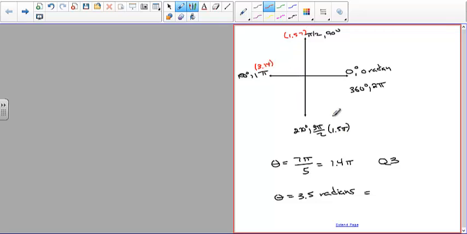Then 1.5 times pi gives you 4.71, and 2 pi is going to be 6.28, 3.14 times 2. Again, all you have to do is look at this number and see where it fits. So you have 3.14 and 4.71, so 3.5 is between here and here, which is in this quadrant. So this is also Q3.